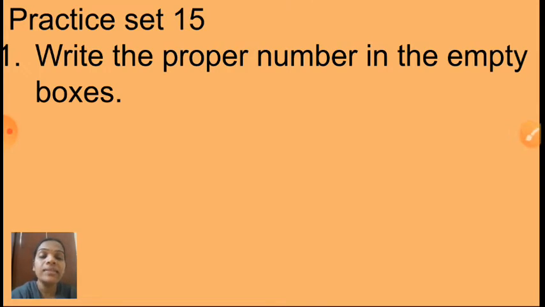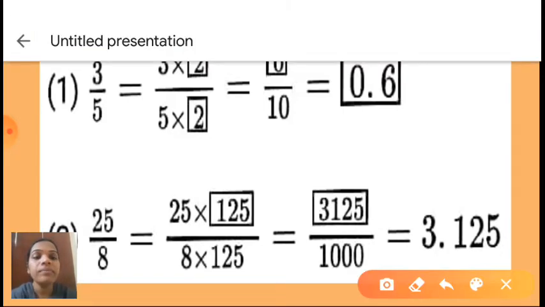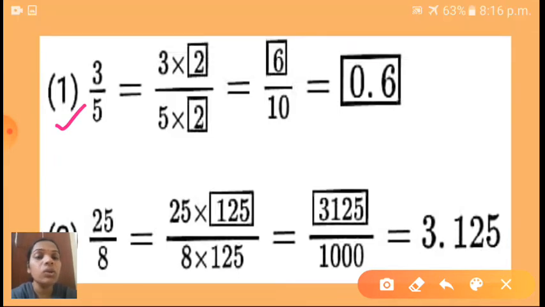See here, practice set 15 we will solve now. The first question is: write the proper number in the empty boxes. Total 4 sums are here. The first one is 3 upon 5 is equal to, and here this box is empty. How to fill it? 3 upon 5 is equal to, and here 10 is already given.